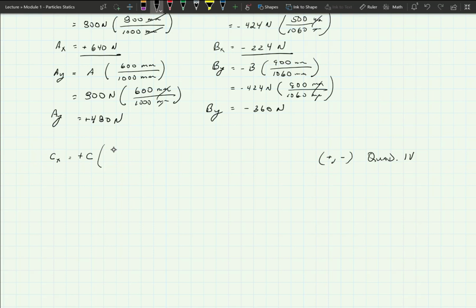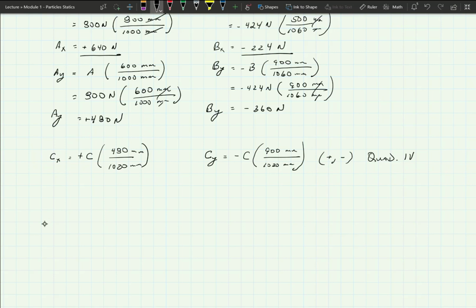So 480 over the 1020 millimeters. Okay? And then C of y is in the negative, so it's negative C times the 900 over 1020 millimeters. Okay? And you can try those out.